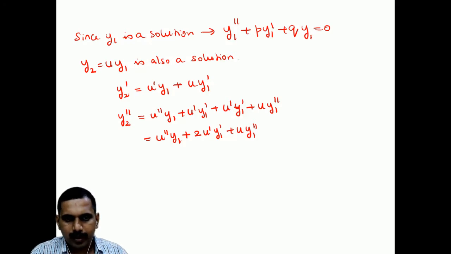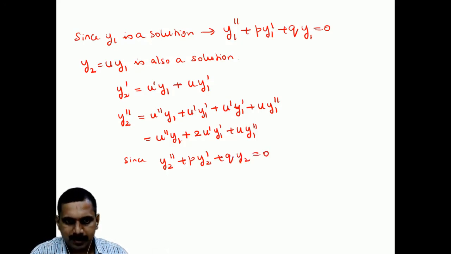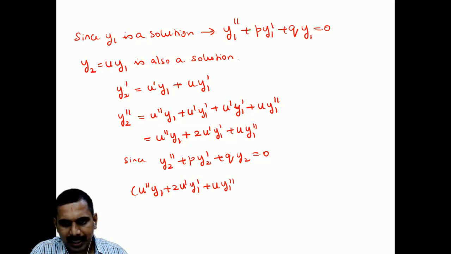So what happens, this we will substitute here. Since y2 double dash plus P into y2 dash plus Q into y2 is equal to 0, let us substitute that. So here y2 double dash is what? U double dash y1 plus 2 times U dash y1 dash plus U y1 double dash, correct?